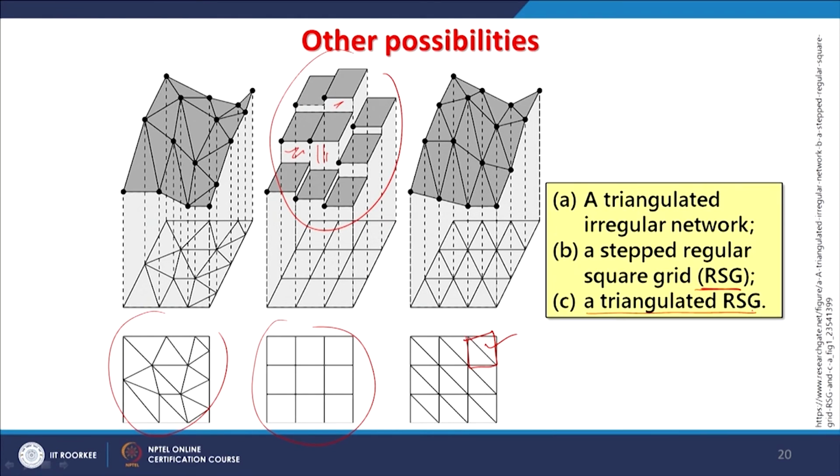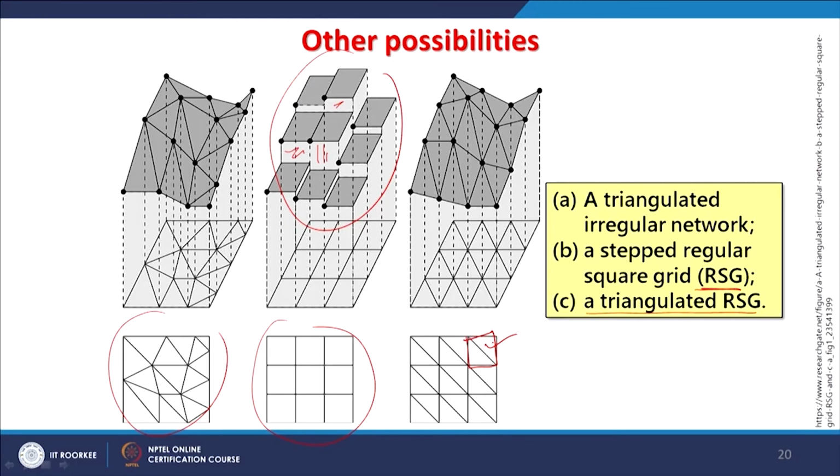However, if we go for this, we are constraining triangle size and shape. So indirectly we are going back towards the raster, because the advantage with TIN is that it is adaptable to relief roughness, and therefore smaller or larger triangles can be formed depending on the roughness.